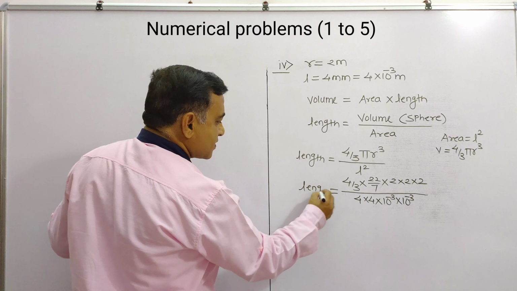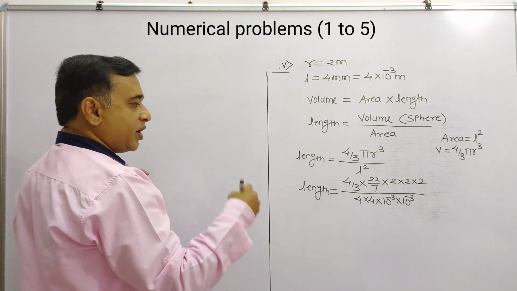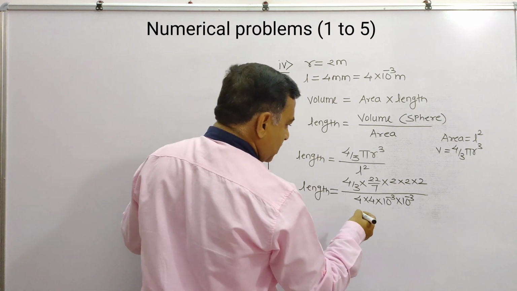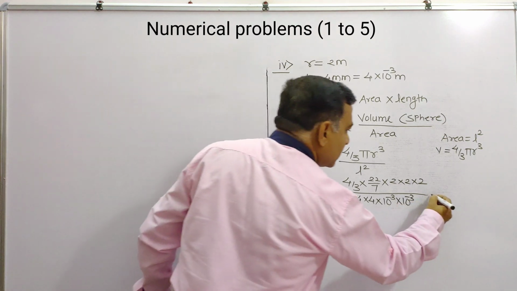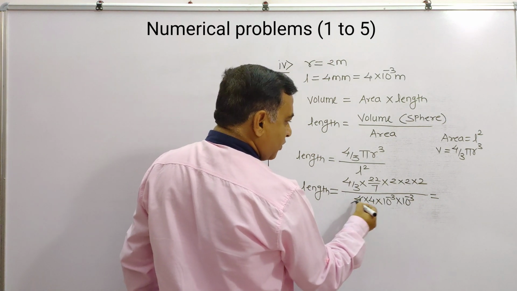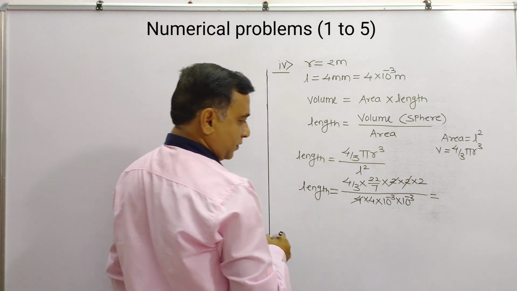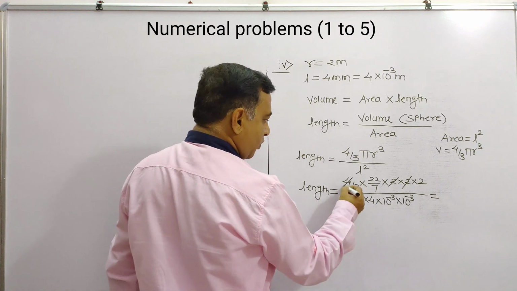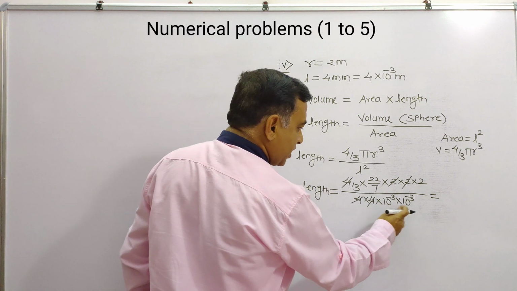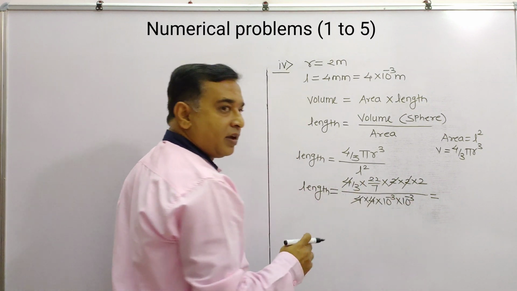So if we solve this or make it simple, this 4 cancels with this 4. 10 raised to power minus 3, 10 raised to power minus 3.